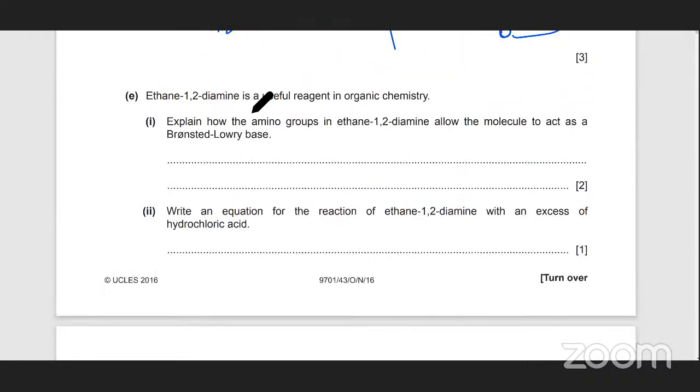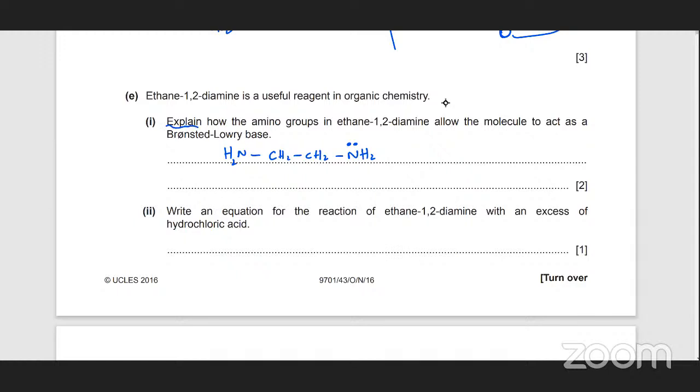Next is, ethane-1,2-diamine is a useful reagent in organic chemistry. Explain how the amino group allows the molecule to act as a Bronsted-Lowry base. So why is it capable of acting as a base? Sir, the nitrogen has lone pairs, which can accept a proton. Okay, so you have to explain.